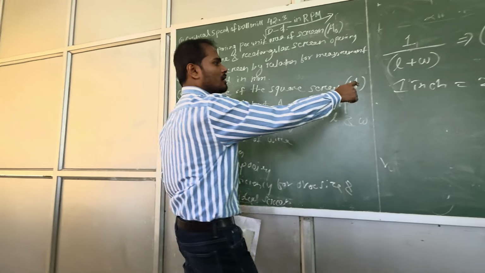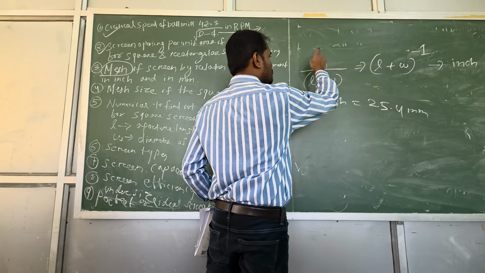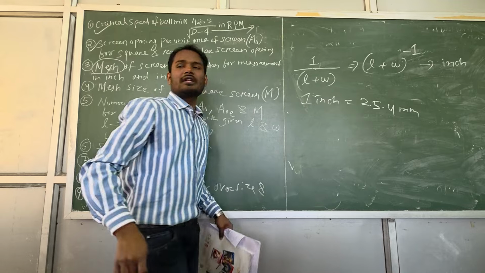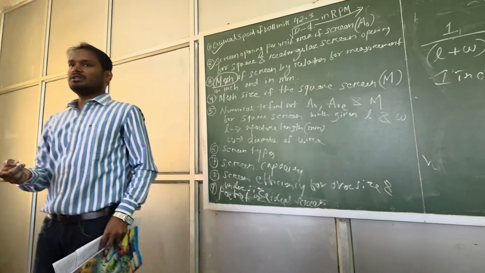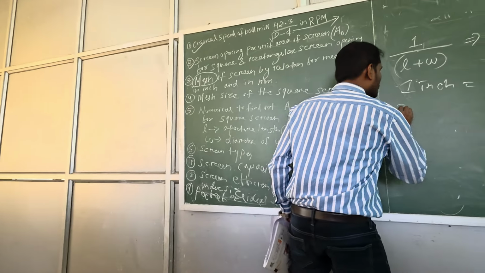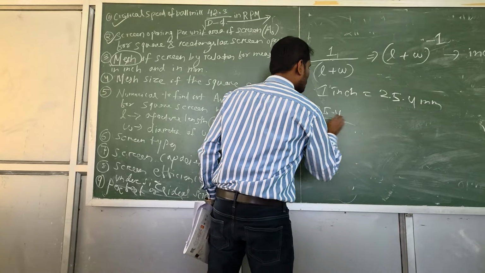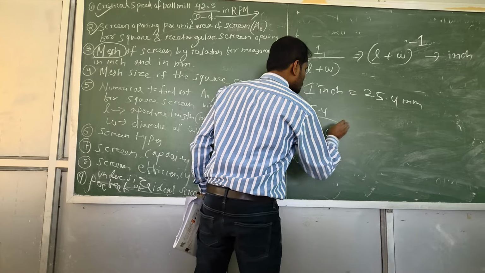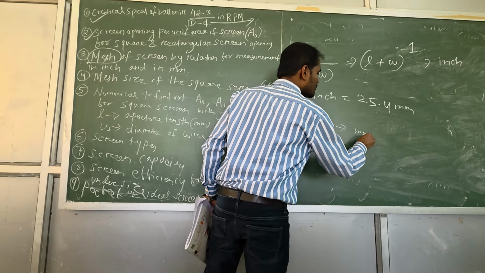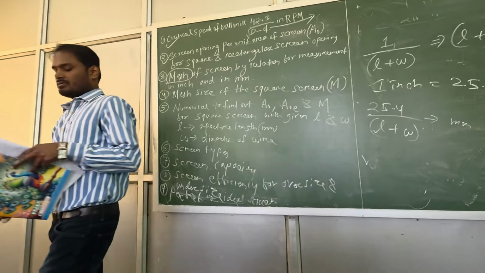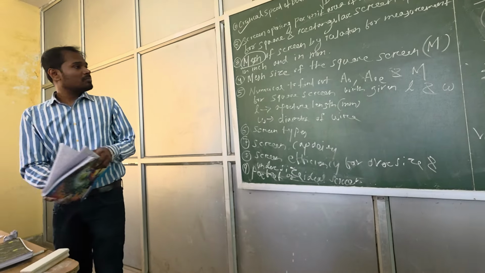Because 1 inch is equal to this much. So the expression will be 25.4 divided by L plus W. That is in the form of mm actually. So this relation is in the form of millimeter.